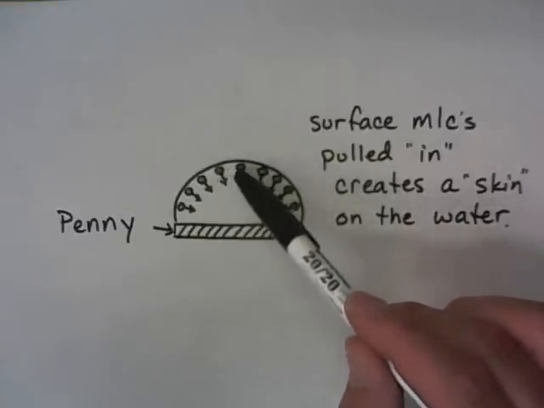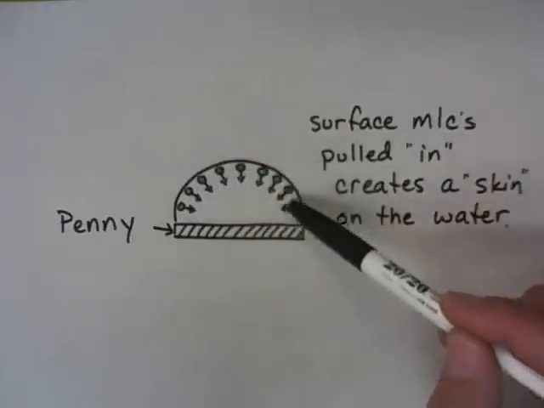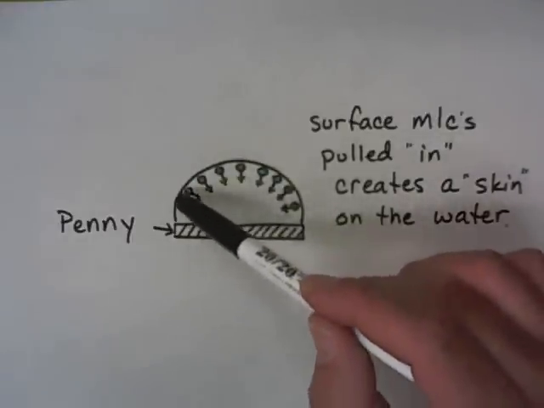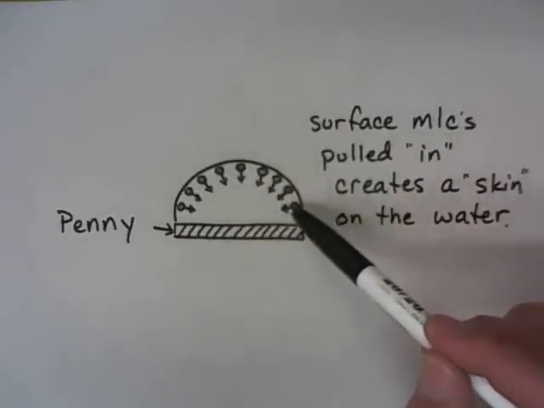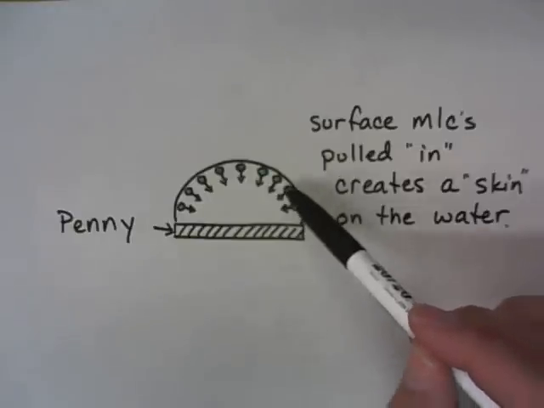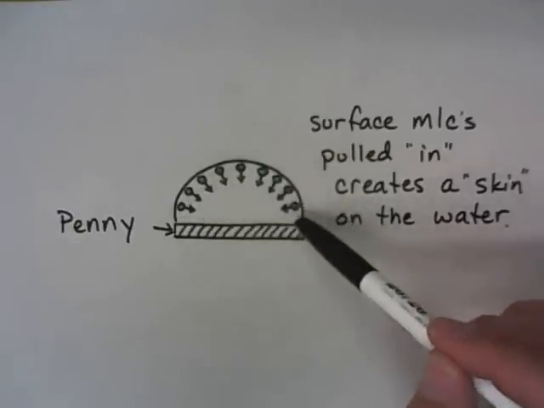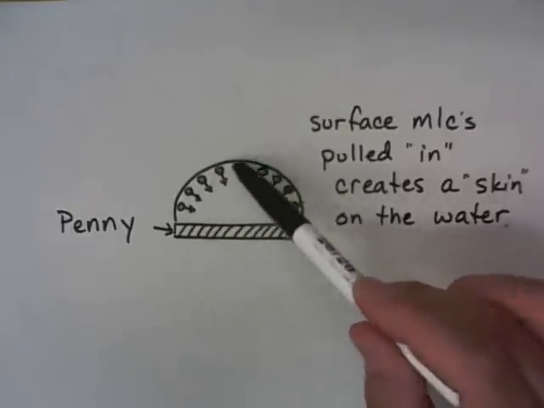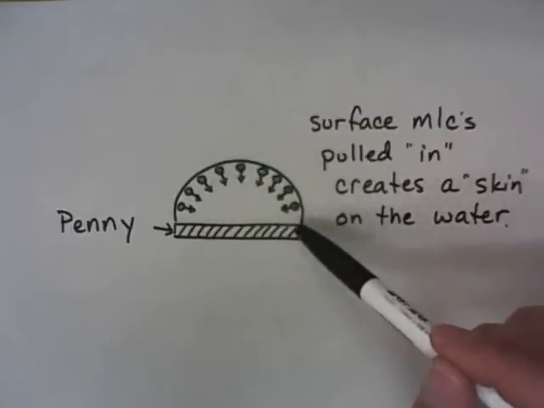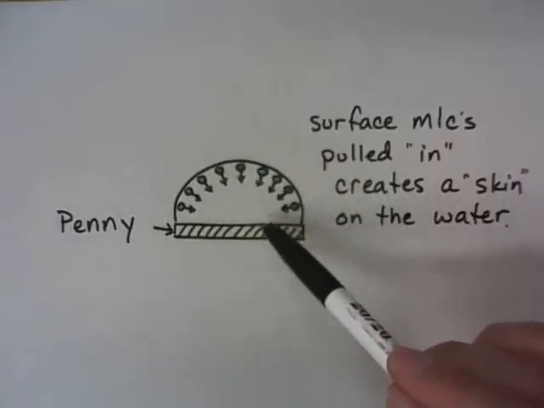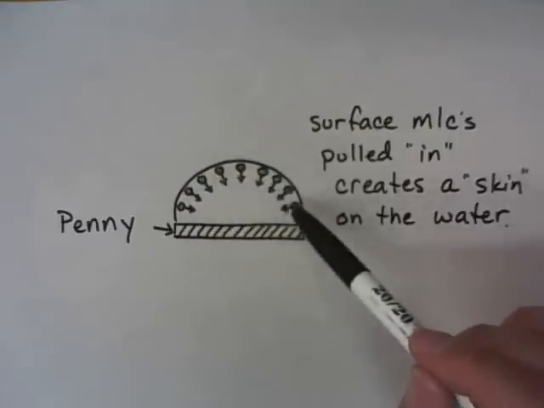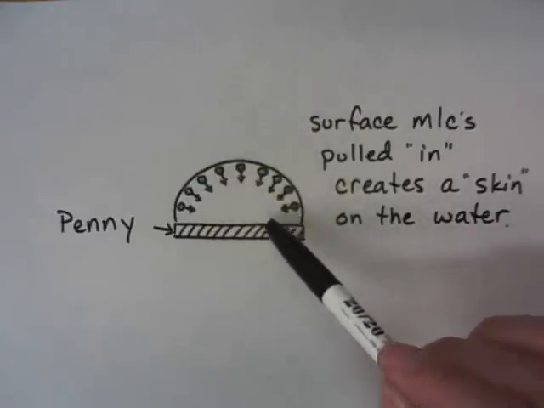There are attractive forces between them and they're being pulled in, and so they will assume the shape that has the smallest surface area possible. And the shape that has the smallest surface area possible for its volume is a circle. And so the water molecules tend to form circles.